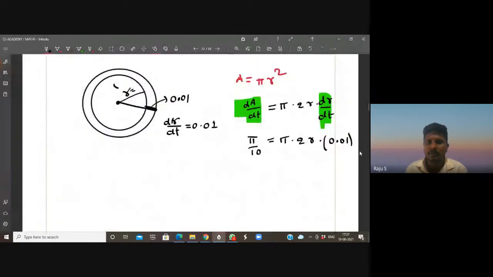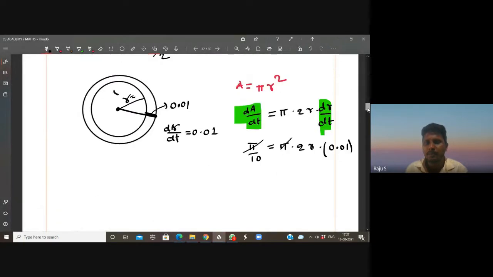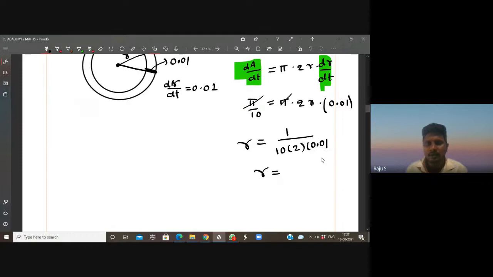Yeah, fine. Now simplify this. Pi gets cancelled. Now r is equal to 1 by 10 into 2 into 0.01. This is equal to what, students? Actual radius.